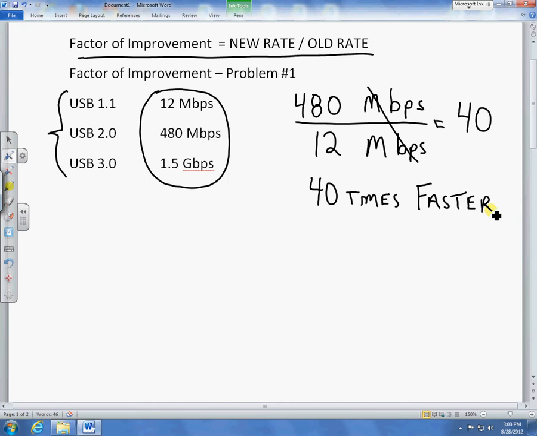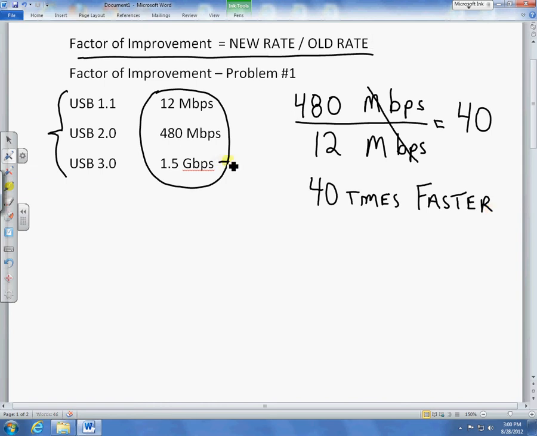Let's do one other one here, and we'll compare USB 3.0 with USB 1.1. The only difference here is that we have to convert our metric units again, so 1.5 gigabits per second. Sticking back to our work with the metric system, giga is larger than mega, so let's first start by converting this.